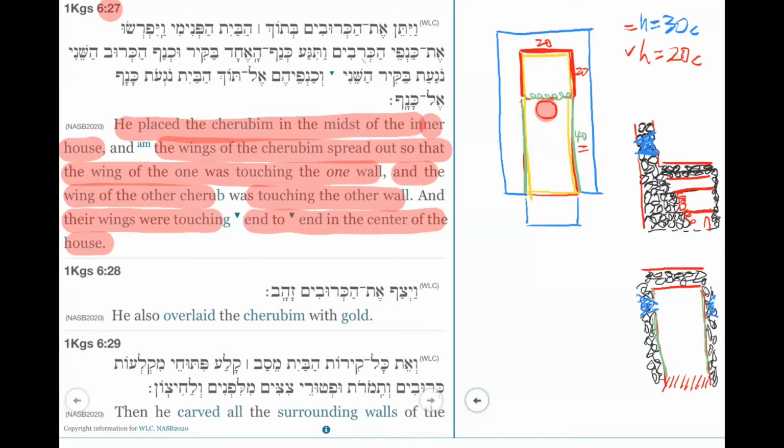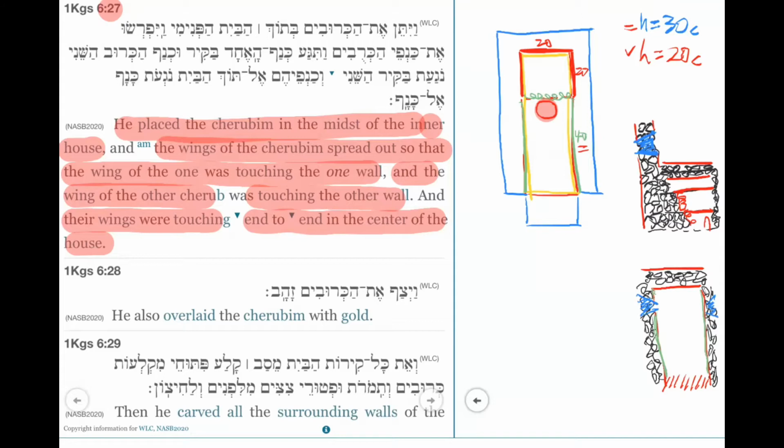Now, it is quite interesting to see that the wings of the cherubim spread out so that the wing of one was touching one wall, and the wing of the other cherub was touching the other wall, and their wings were touching end to end in the center of the house.